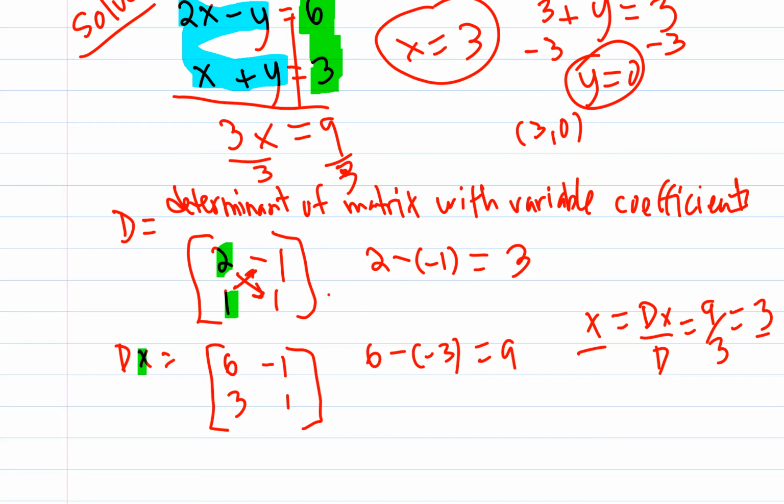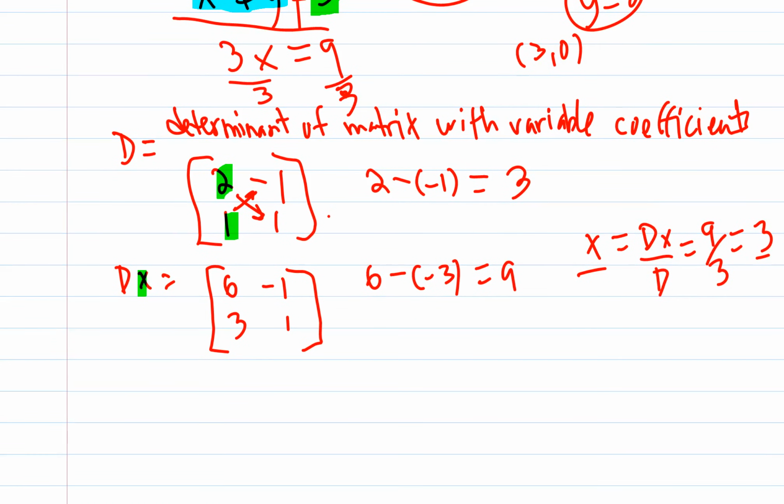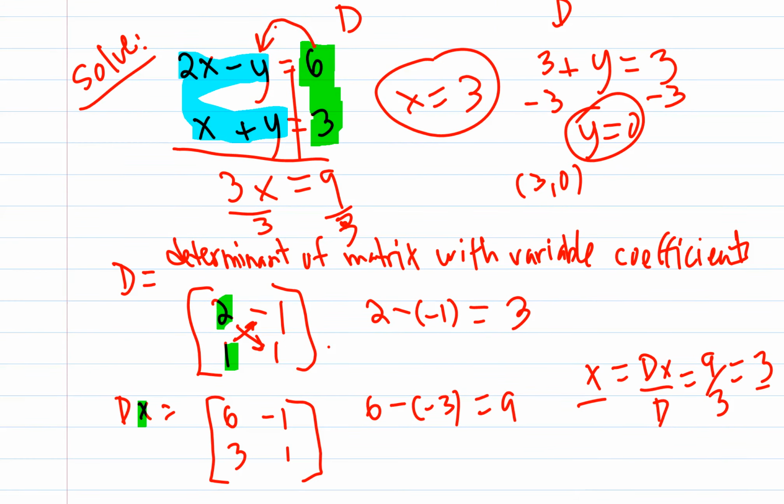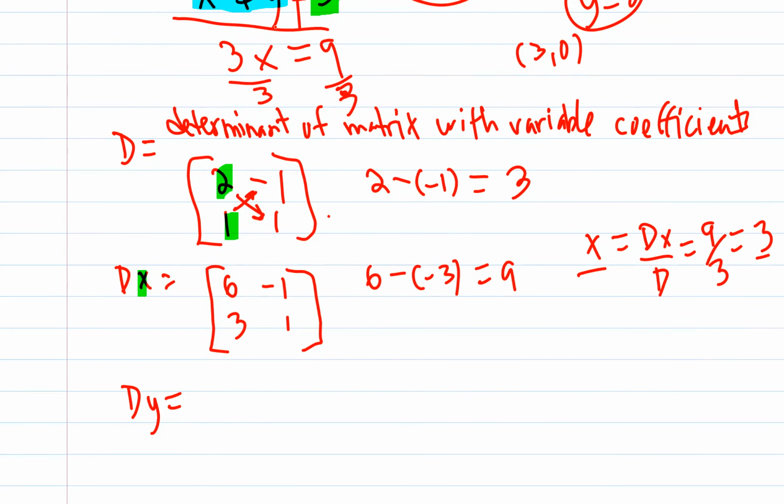That's pretty snazzy. How would I solve for y? Well, I could technically plug that back in, or I could solve for dy. For dy, we're going to take that 6, 3, and this time we're going to put it in place of the y, in place of the -1 and 1. So we will still have the 2, 1, but in place of the y now, we'll put the 6, 3.